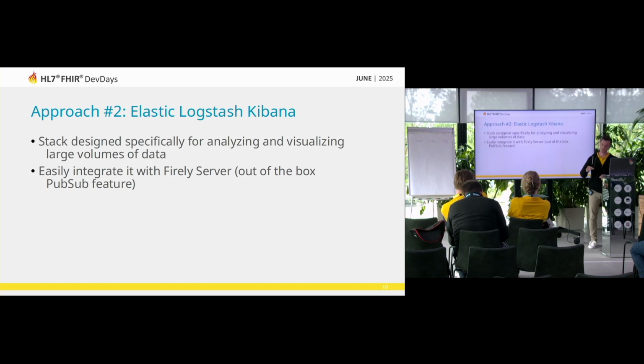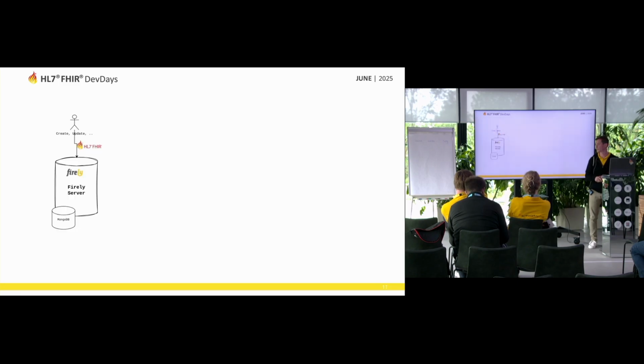So if with the previous approach we had to do some coding to write that plugin, here it leverages existing functionalities and does not require writing any kind of code or extending the FHIR server in any way. So again, we have the server that is accepting the data from the system at the top.